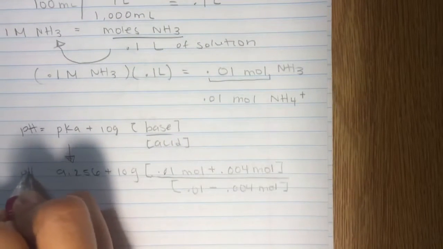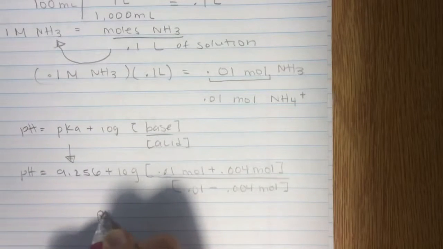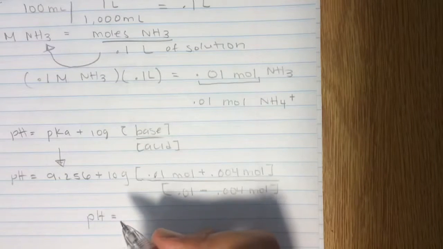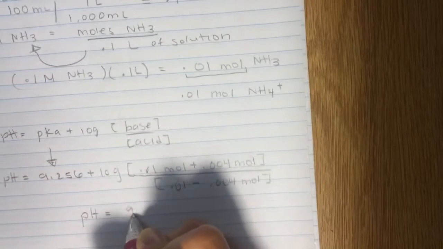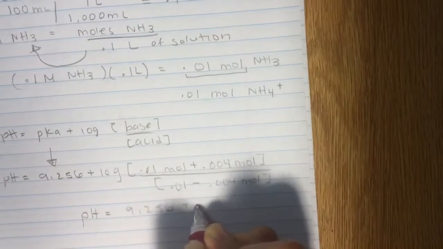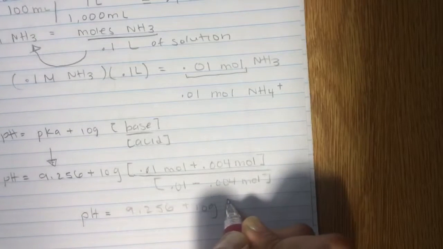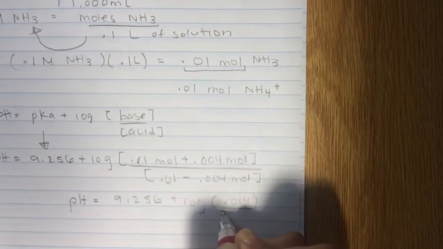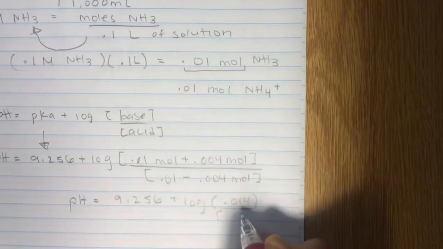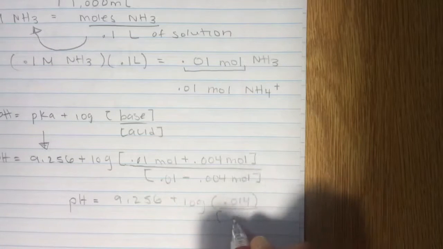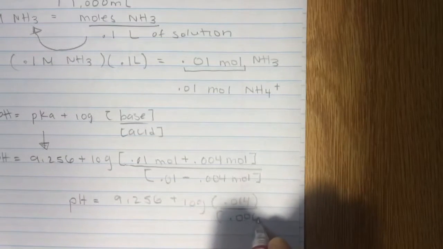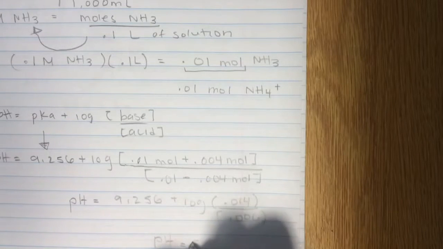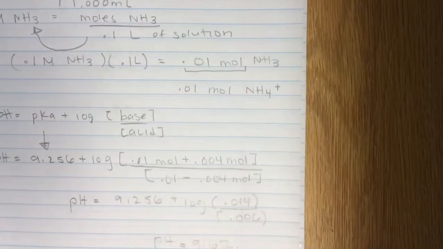So therefore, pH is going to equal 9.256 plus the log of 0.014, and that's your base, over your number of moles of your acid, which is 0.006, and that gives you a pH of 9.62.